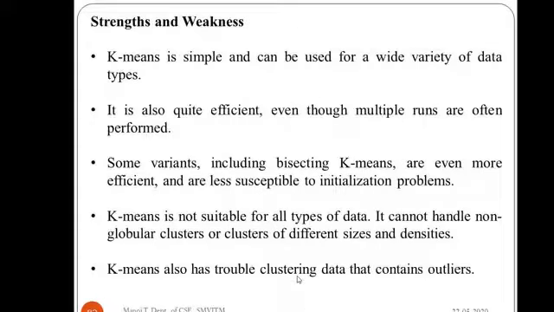Finally, we will see the strengths and weaknesses of the k-means algorithm, and we will end this. As far as the strength is concerned, k-means is very simple and can be used for a wide variety of data types. As I have said earlier, there is no restriction that it has to be used only for a particular kind of data, and we have seen it can be used for Euclidean data, document data, everything, in the earlier lecture.